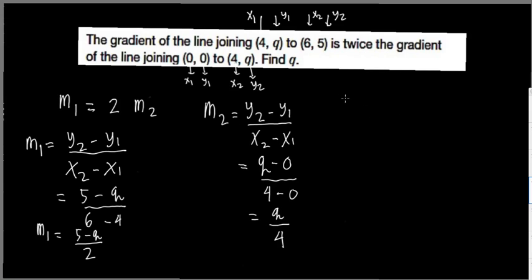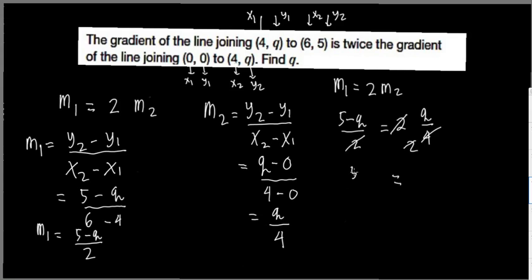And then we connect to our equation: gradient 1 equals 2 times gradient 2. The first gradient is 5 minus q over 2, equals 2 times q over 4. We cancel the numbers: the 2 and 2 cancel.